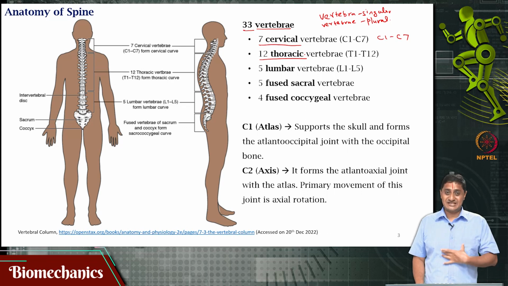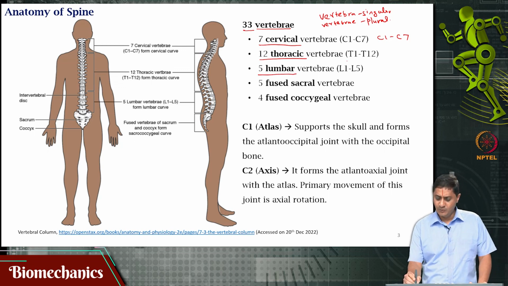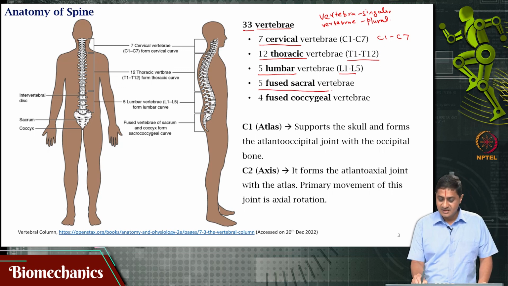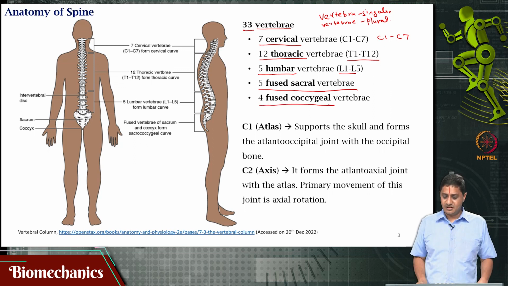Thorax means chest and the back. And 5 lumbar vertebra, L1 to L5. The thoracic vertebra are named T1 to T12, and there are 5 vertebra that are attached together. These are called sacral vertebra, and 4 fused vertebra, 4 attached vertebra, called coccyx or coccygeal vertebra.